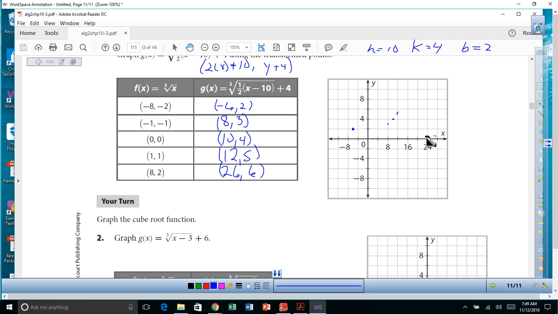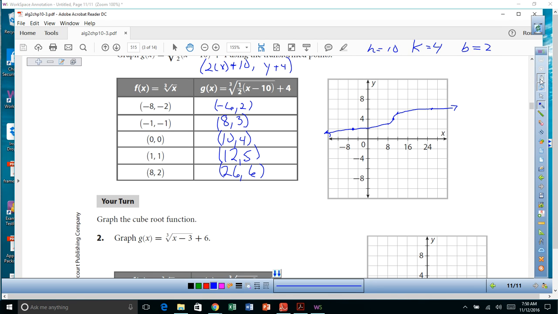And 26, 6 is going to be right there. It's going to look like this, and then that's going to go down here like this. All right, not too shabby.